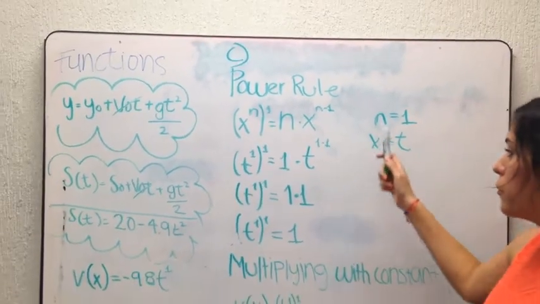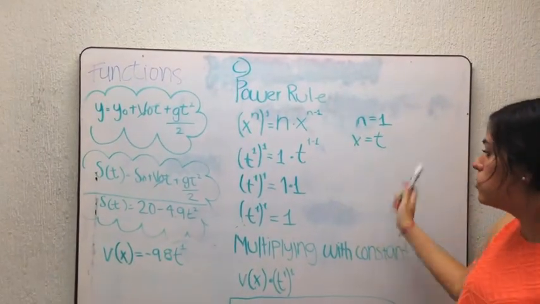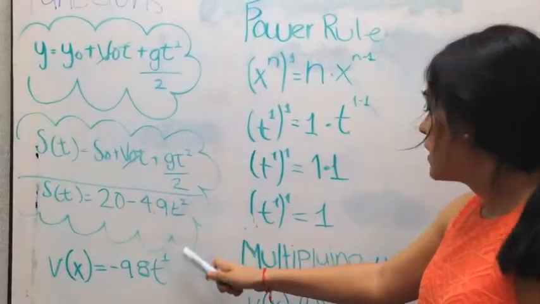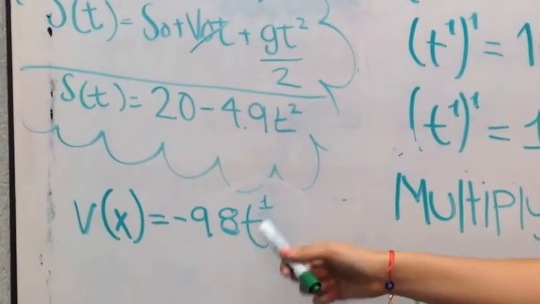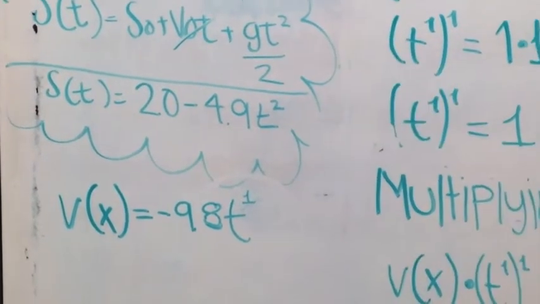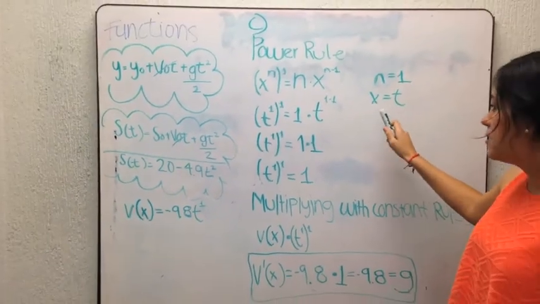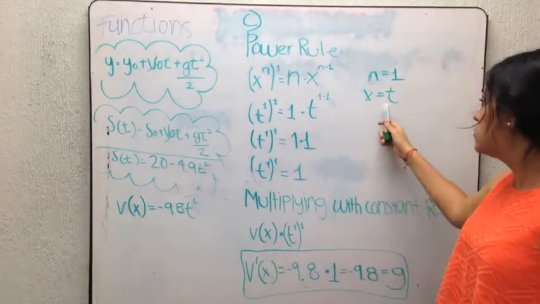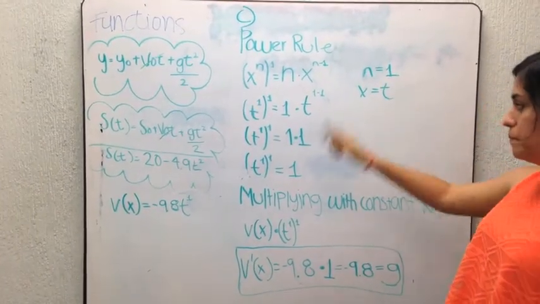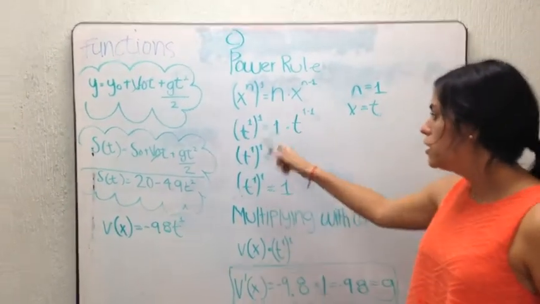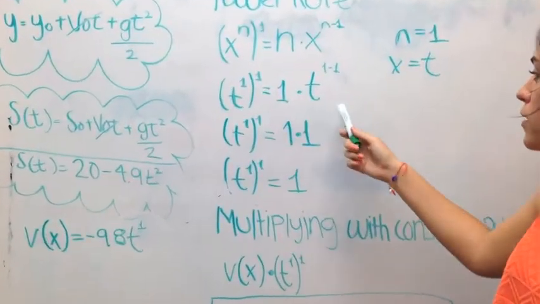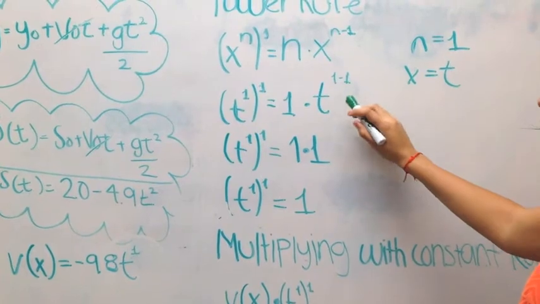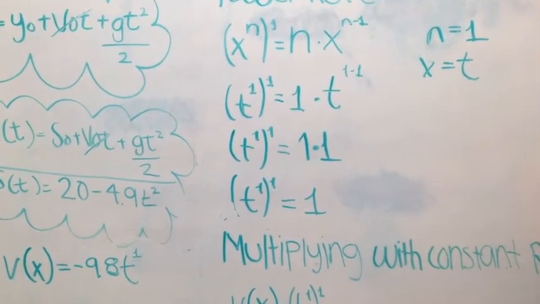Here we're going to substitute n equals 1 because that's the exponent, and here we have t to the 1. And x is going to be our variable, which is t. So we substitute t to the 1 equals 1 times t to the 1 minus 1 power.